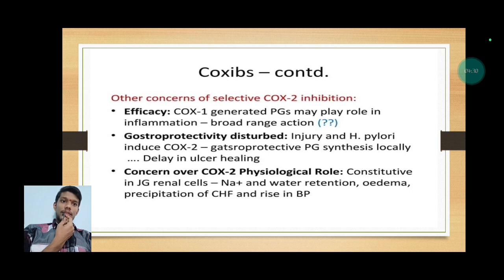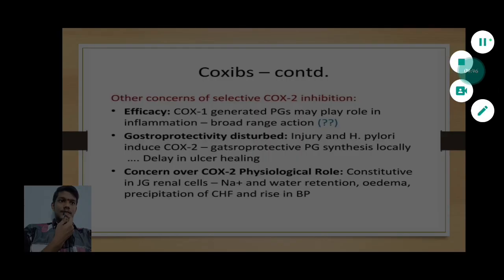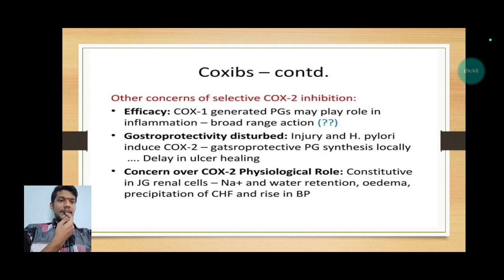Concern over the COX-2 physiological role: it is constitutive in JG renal cells, causing sodium and water retention, edema, precipitation of CHF and a rise in BP. So move on to the next slide.